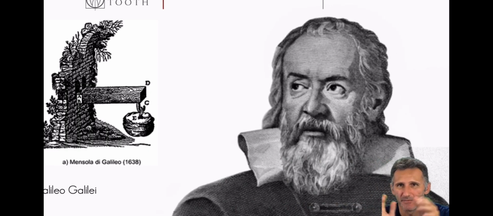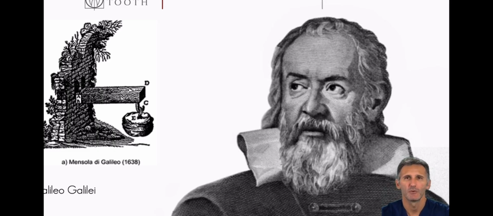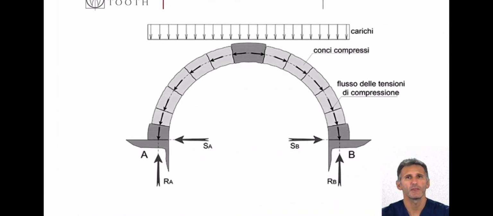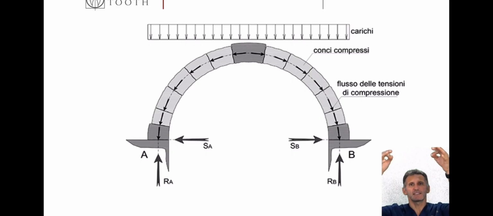Galileo Galilei, the Italian, already in the 1600s was able to understand that when we apply a force it may be divided into two vectors, not just one. We have always two vectors. So if we take the example of the vaulted arch, we have one vector that is the vertical one, and another vector that is the horizontal one.